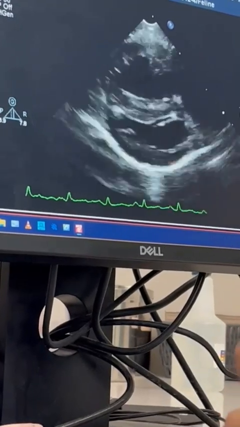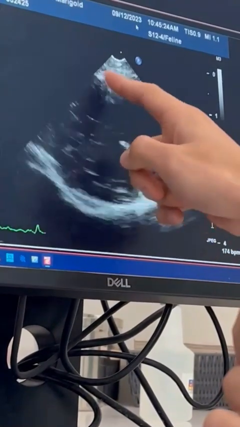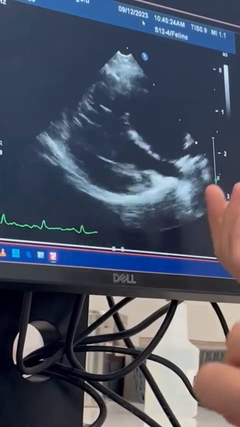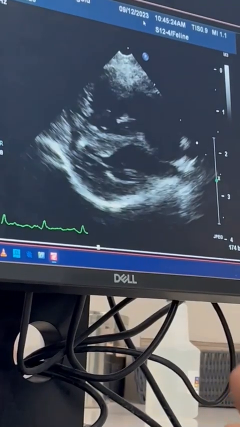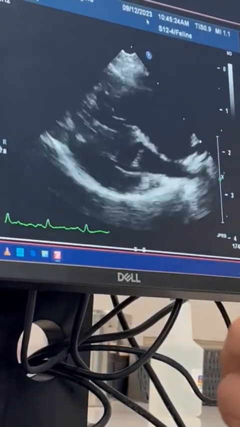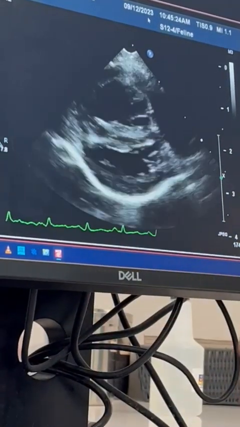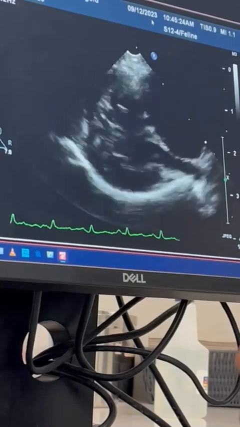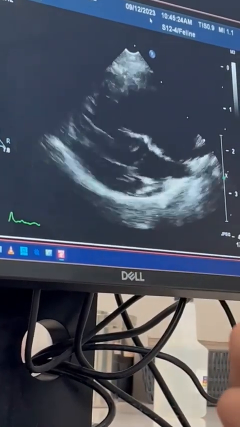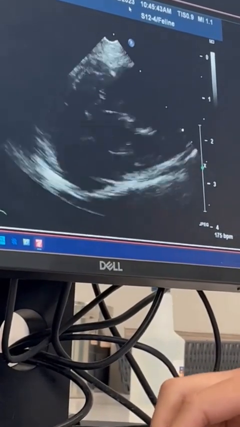So it should have the thickest muscle wall, and the right lower chamber shouldn't have a muscle wall thickness of the same degree as the left lower chamber. It appears that there's some concentric hypertrophy, which means the muscle wall of the right lower chamber is thicker. That is the first impression when we start echoing her.